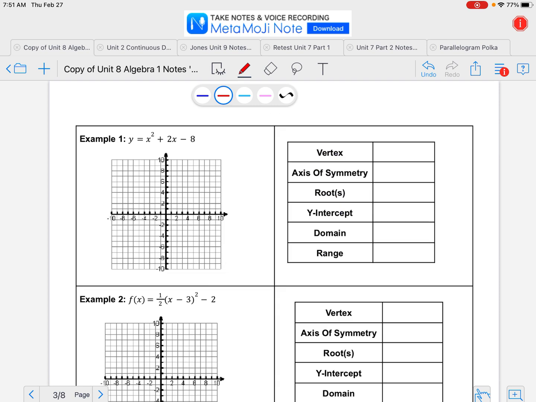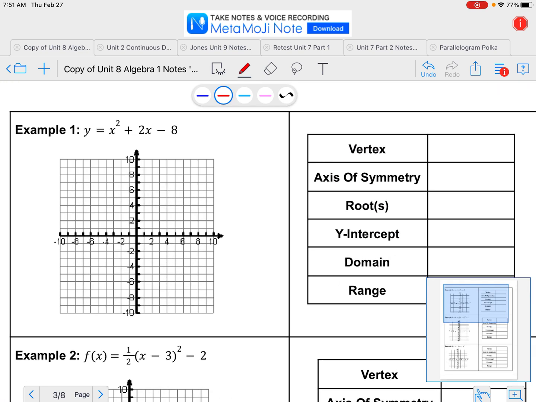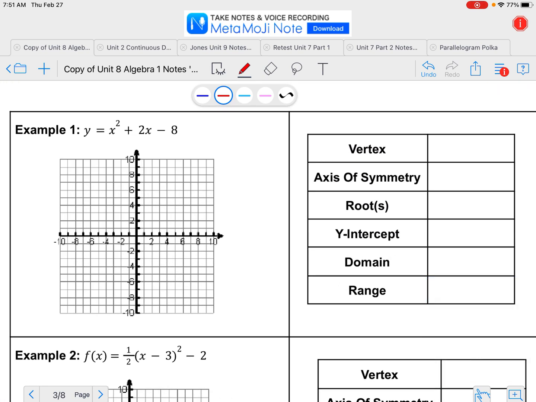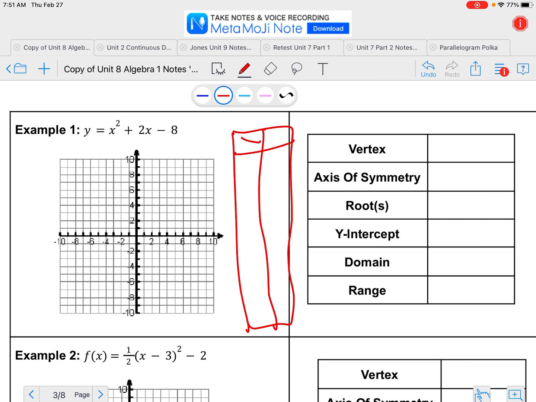Let's look at some examples on the next page. The easiest way to do these is with Desmos. We could do a table of values, but we wouldn't be quite sure which values to use. We would have to kind of play with it to find the vertex.